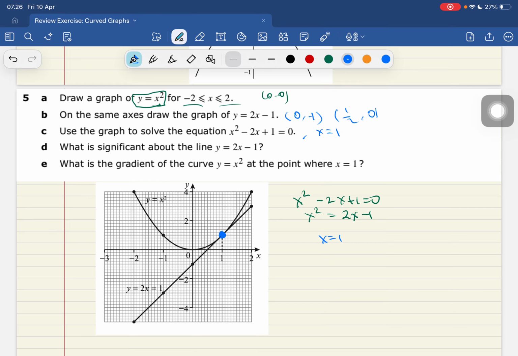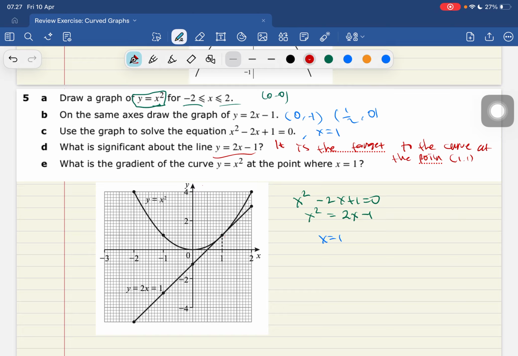Next, what is significant about the line y equal to 2x? The significance is, as you can see, here is the line, it is the tangent to the curve at the point 1, 1. Okay, 1, 1.